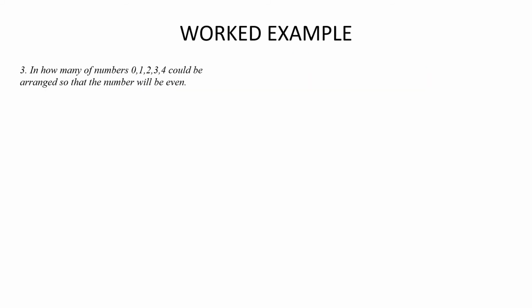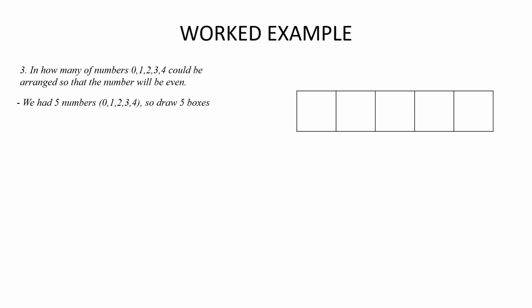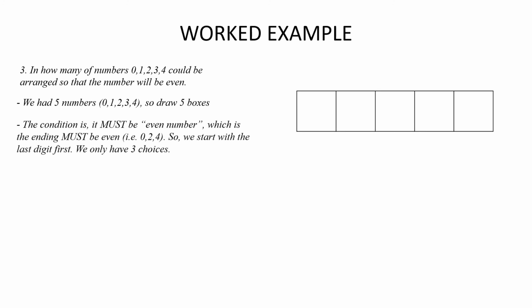The last example: in how many ways can the numbers 0, 1, 2, 3, 4 be arranged so that the number will be even? We have 5 numbers, 0, 1, 2, 3, 4, so we draw 5 boxes. But the condition is that it must be an even number, which means the ending must be 0, 2, or 4.